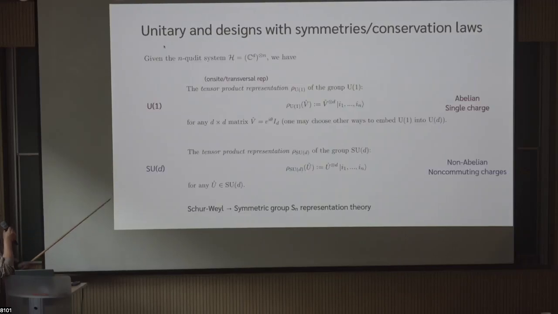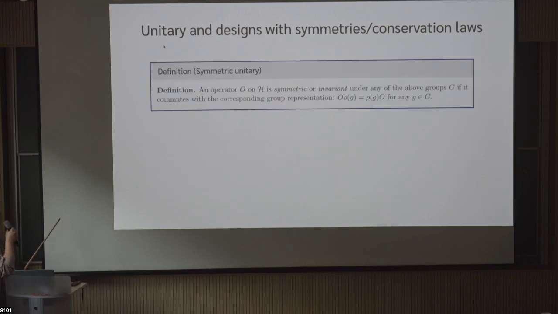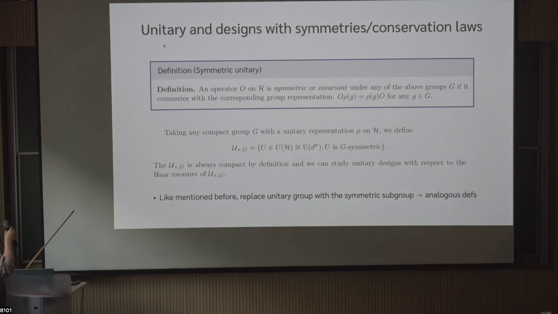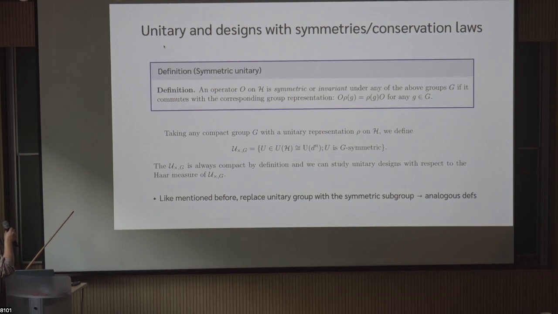Here, let me mention that we are considering the tensor product representation, or for physicists, maybe on-site representation, or for quantum computing people, the transversal representation of these different symmetries. So this is the definition of symmetric unitary, and for all those relevant definitions, we just need to replace the entire unitary group by the symmetric subgroup.